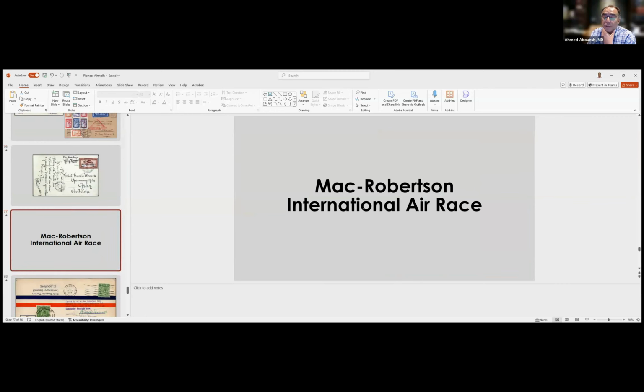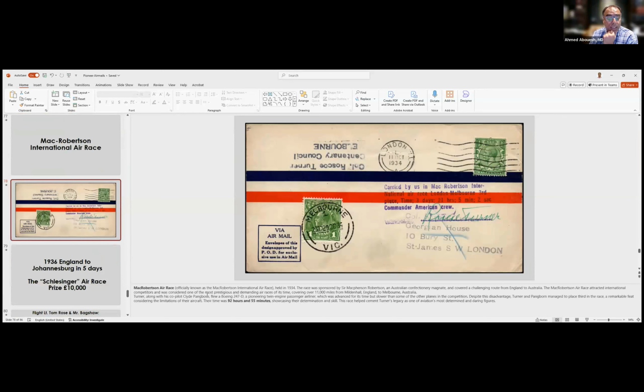The MacRobertson International Air Race was another one of those air races, and this was 1934, sponsored by Sir Macpherson Robertson, an Australian confectionery magnate.